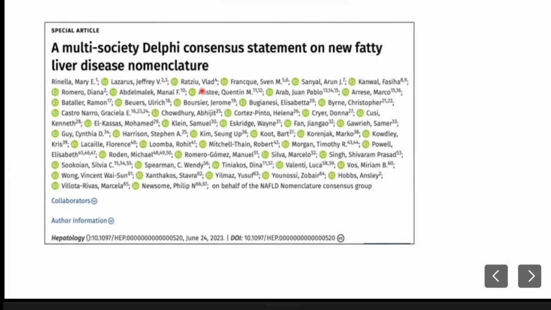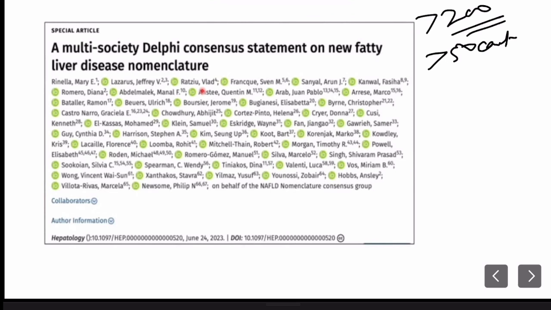So, where did this new nomenclature come from? It was brought up by a panel of experts consisting of more than 200 experts in this field, and they belong to more than 50 countries, and they carried out various surveys and a number of meetings, after which this new nomenclature was given. The words such as fatty and non-alcoholic were considered as stigmatizing, and they were not able to provide clarity on the causes of fatty liver.